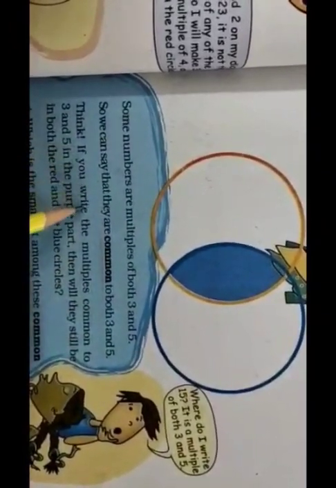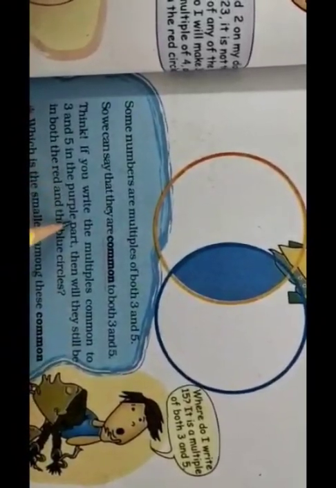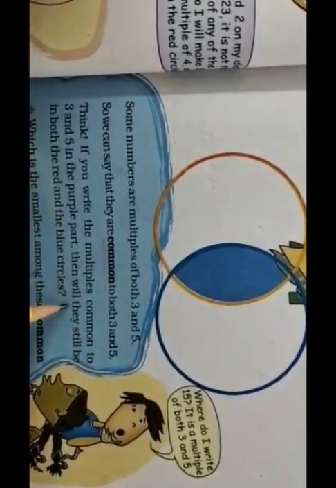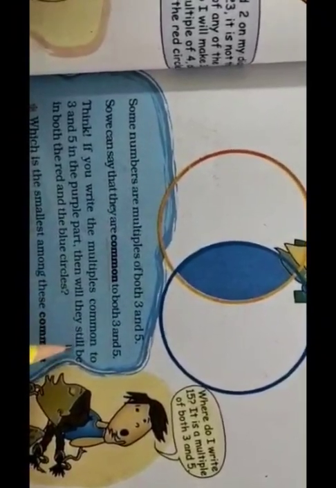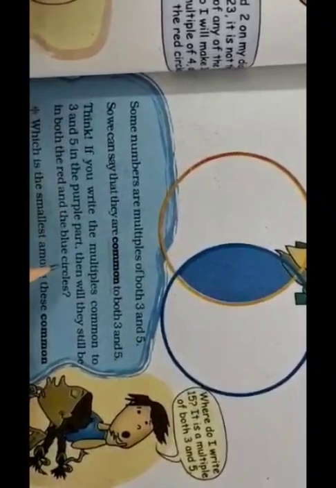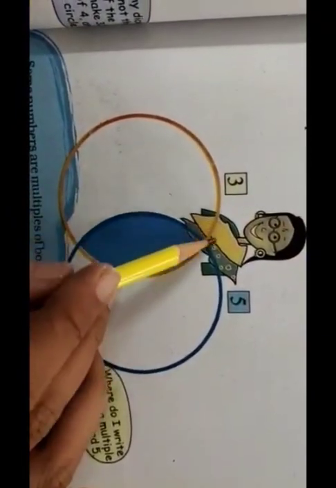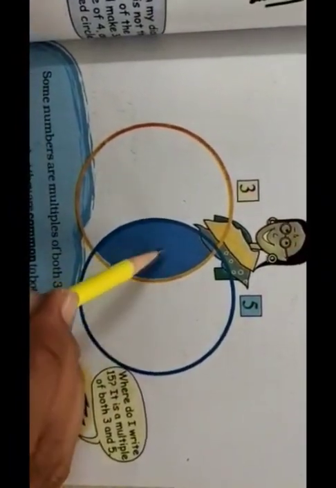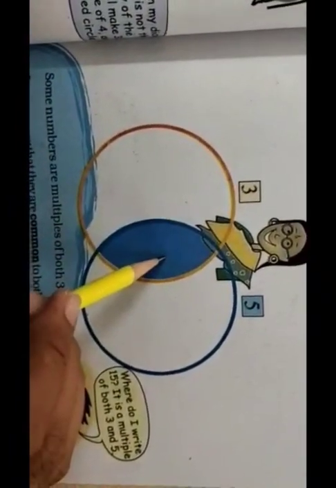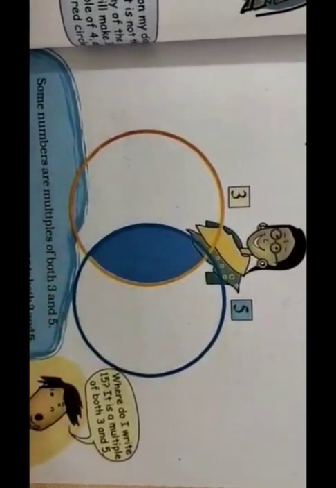Think, if you write the multiples common to 3 and 5 in the purple part, then they will still be in both the red and blue circles. See, students, the circles are overlapped, isn't it? So this is the purple part. If we write down the common multiples of 3 and 5 here, then they will be a multiple of 3 also and 5 also.